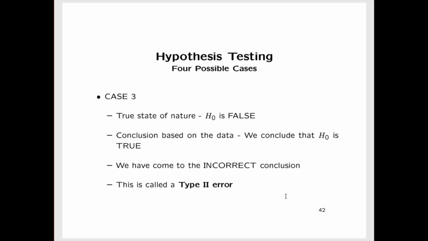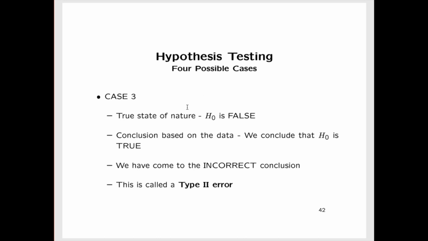So for an example of a type 2 error, let's use that same example of a clinical trial where we're trying to evaluate the efficacy of a new treatment for some ailment. In that situation, the null hypothesis would be that the new treatment is no better than the existing treatment.